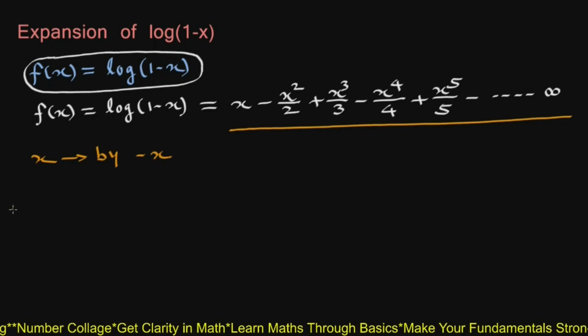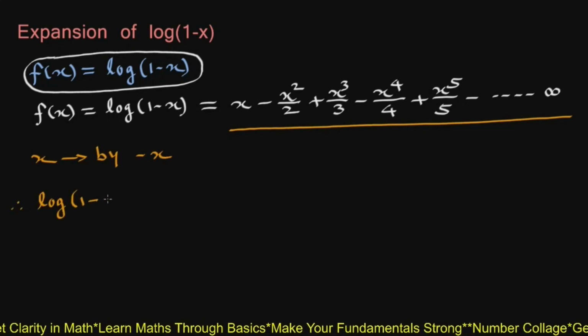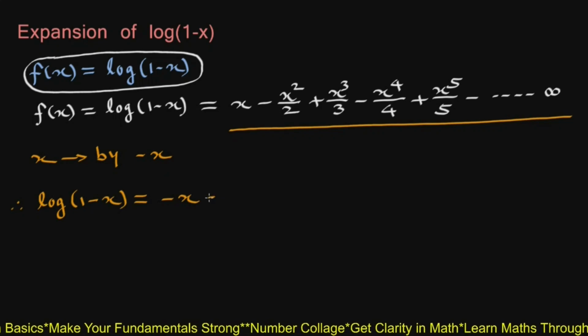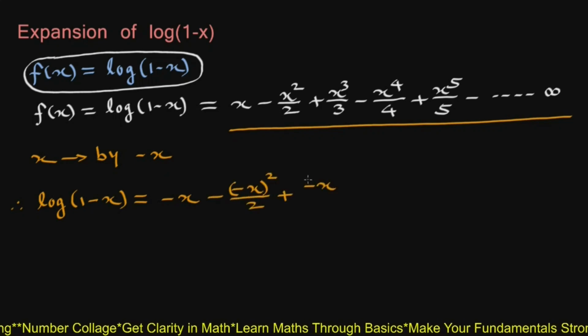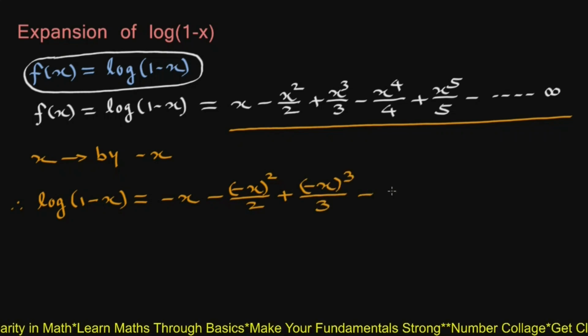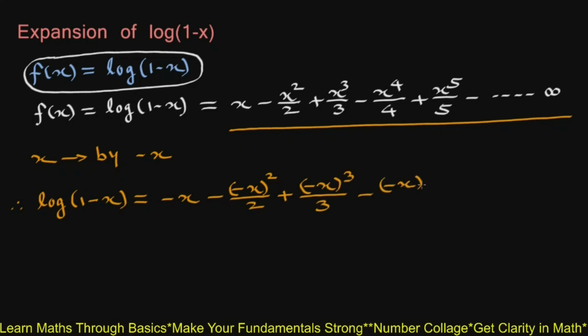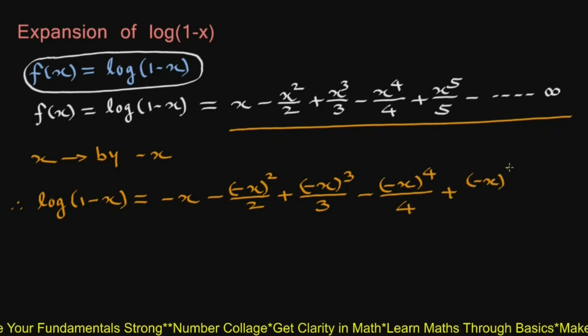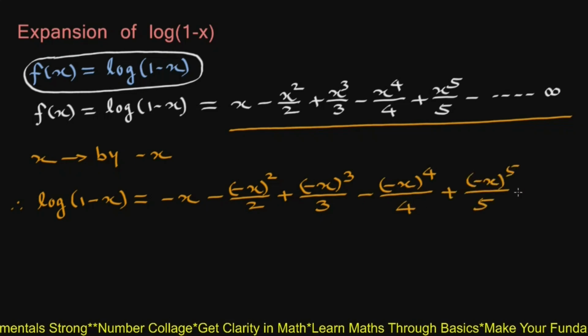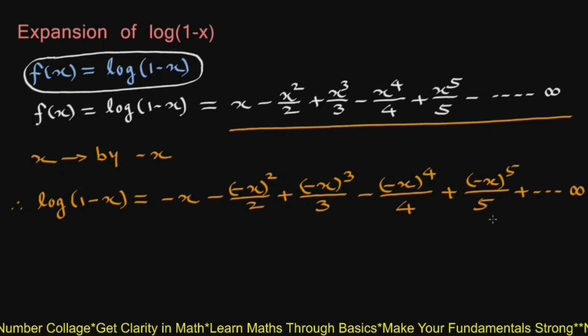-x. Therefore, log(1 - x) will be (-x) - (-x)²/2 + (-x)³/3 - (-x)⁴/4 + (-x)⁵/5 + and so forth up to infinity.